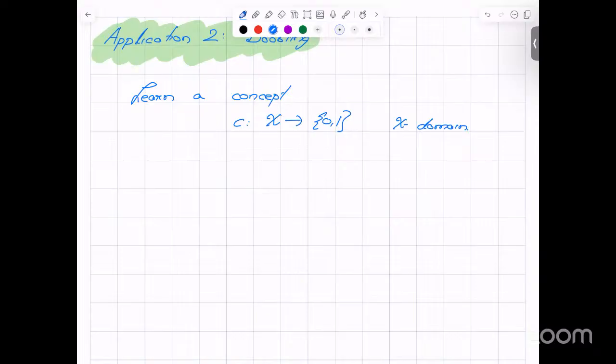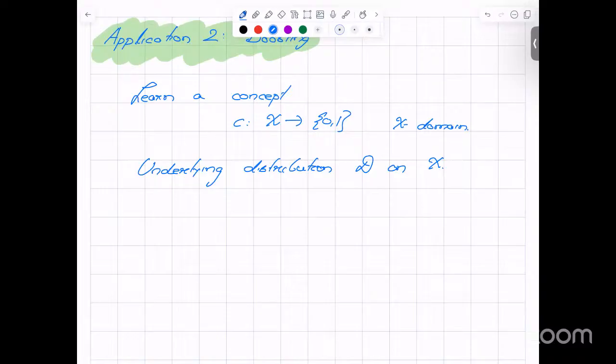There's some underlying distribution D on the domain. What you get to see are labeled samples: you have this one button, and each time you press it, you get a sample from chi and its corresponding label.